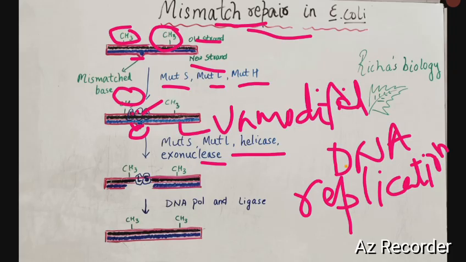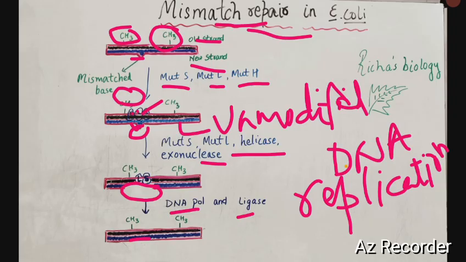This you have to remember. Then slowly, you can see the wrong bases get removed, which will further be repaired by DNA polymerase and ligase. So that is how our body will work, right?